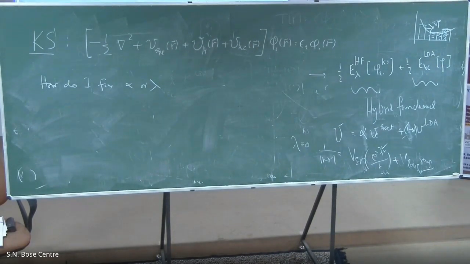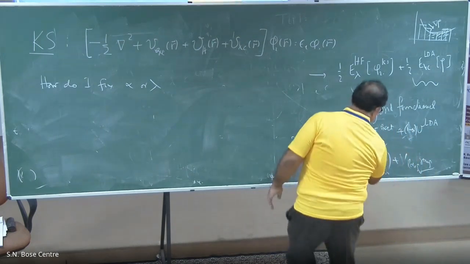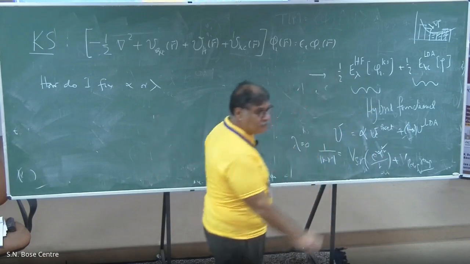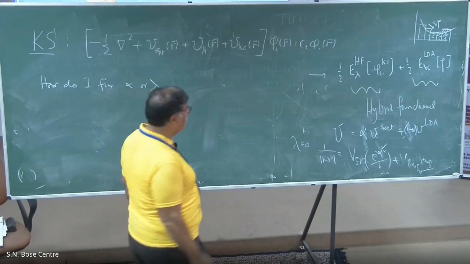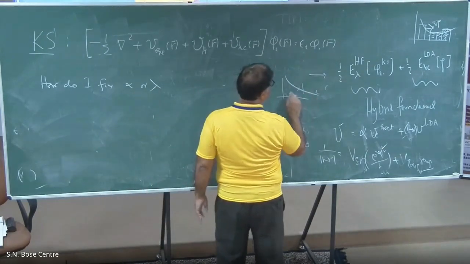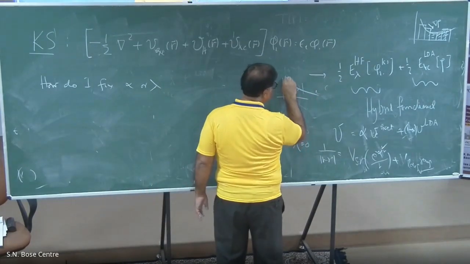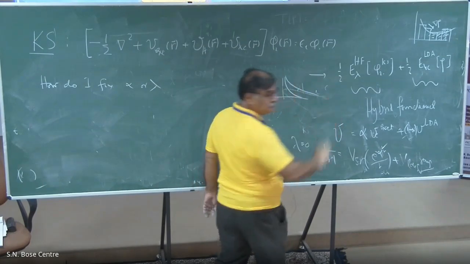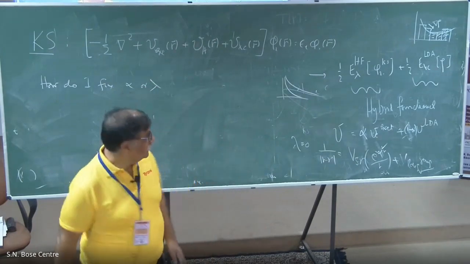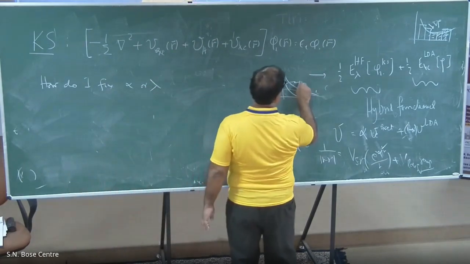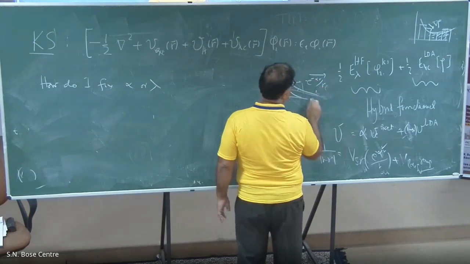No, it has nothing to do with it. I'm sorry, yes, this is some parameter. This is not that lambda, so you use alpha. So all I'm doing is taking this potential and splitting it into this part and this part, with some parameter. This part, the short range, is e raised to minus alpha r over r.